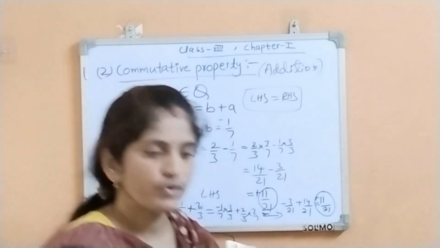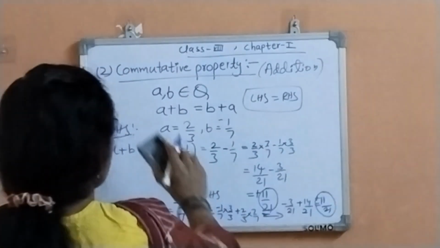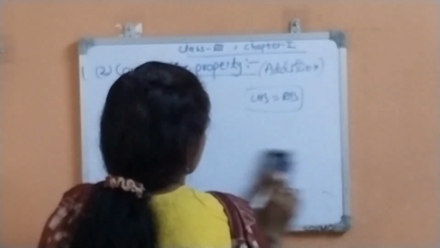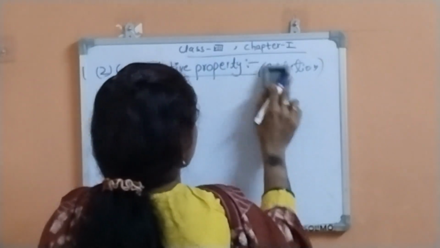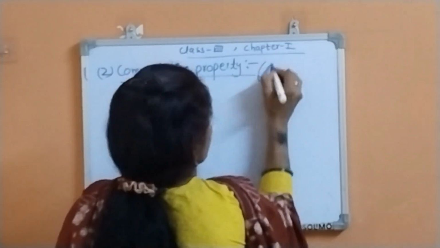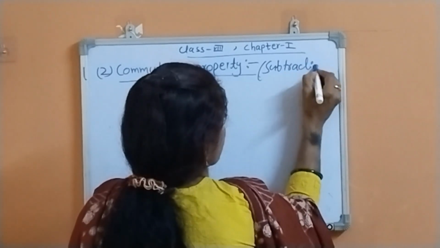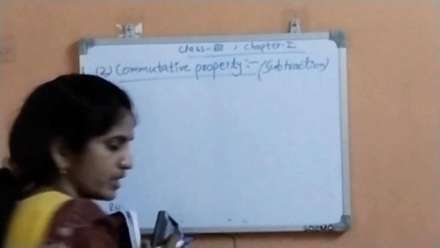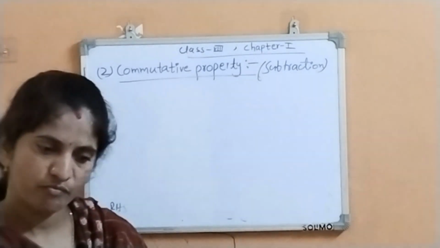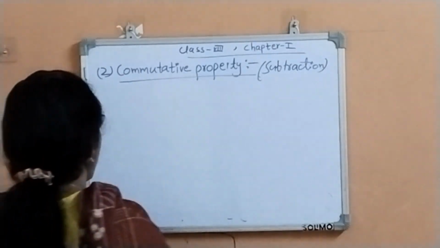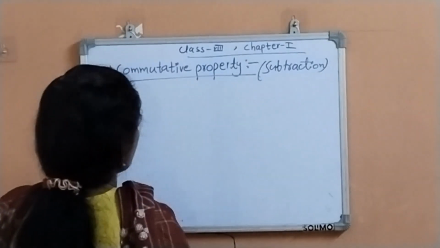Okay, now we are going to check the commutative property under subtraction. Same method we followed for addition, we are going to follow for subtraction also.